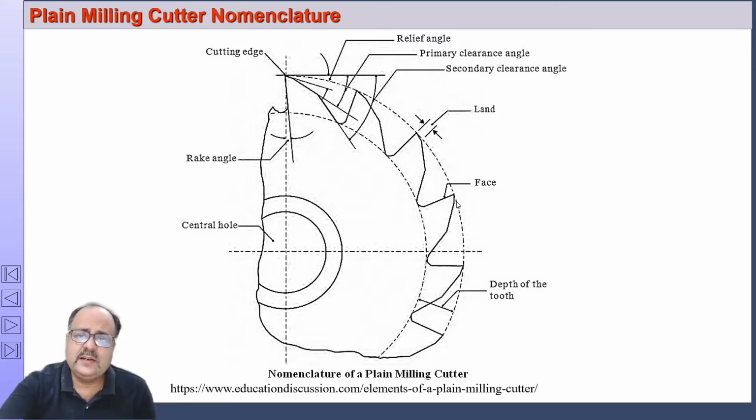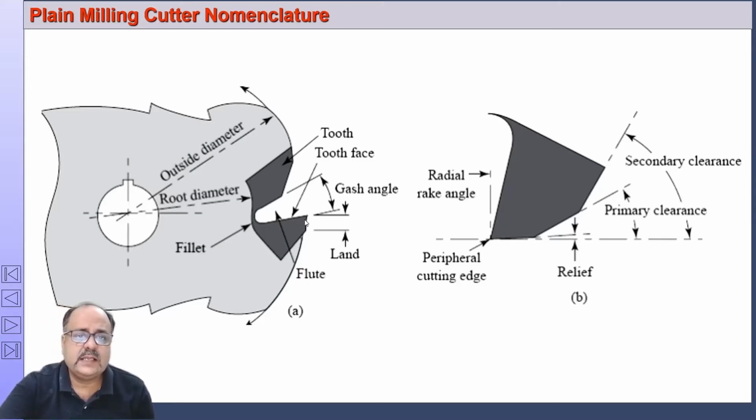The land is slightly relieved to reduce interference. So there is a relief angle here. This is the relief, and this is the gash angle. The gash angle is the angle between the face of the tooth and the back of the corresponding tooth that follows this particular tooth.